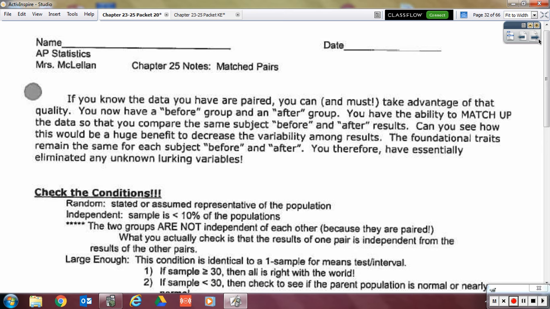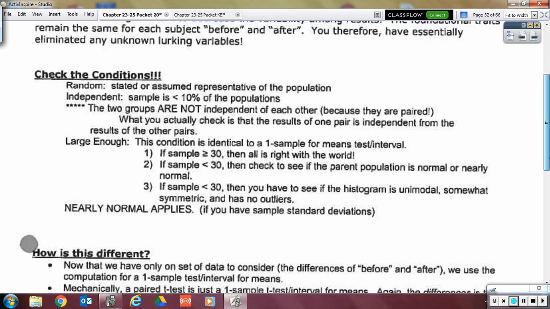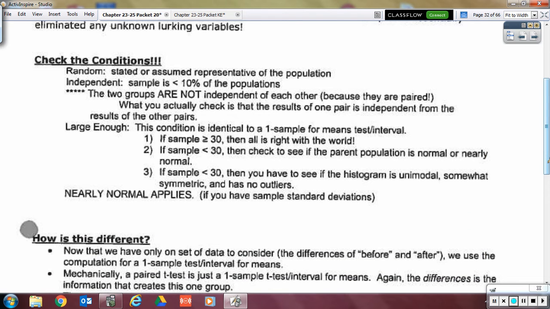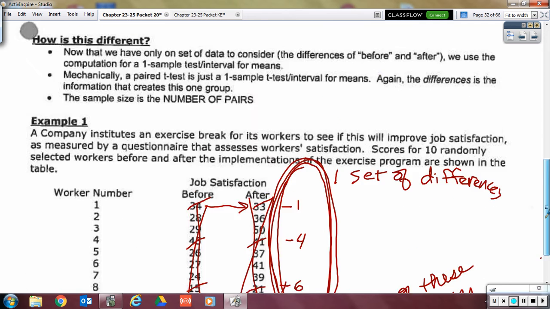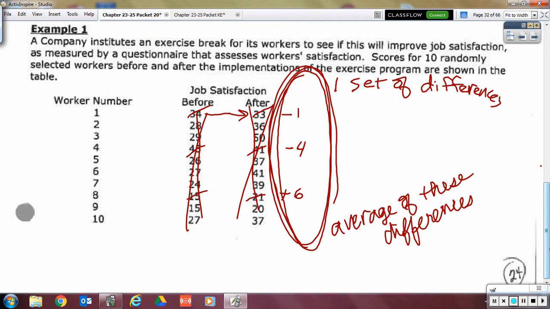What would it really do to all those variables? Yeah, decrease them. I mean, you can't ever say 100% eliminate them, but it would really decrease a lot of variables. The foundational traits remain the same for each subject before and after. Therefore, you have essentially eliminated, you can never say completely eliminated, any unknown lurking variables. All right, so on these ones, when we check the conditions, how many groups do you think I'm going to have to check the conditions for?